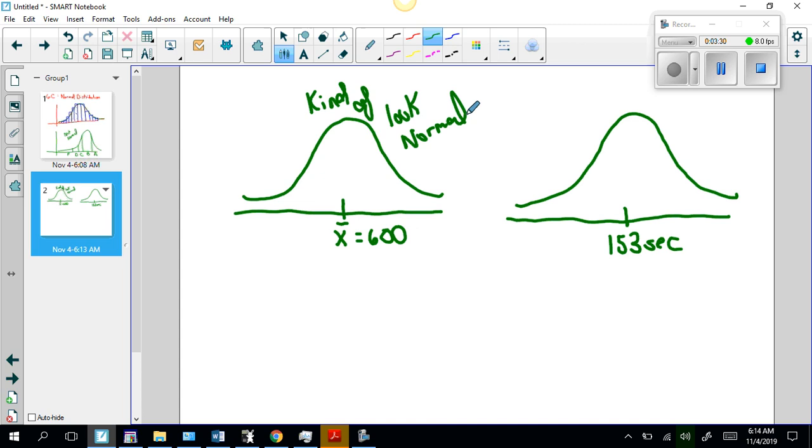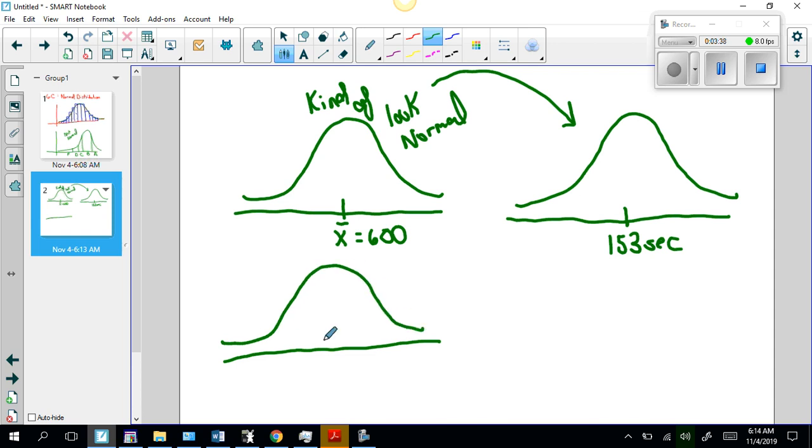And then we have this totally other situation that kind of looks normal, and so on. So x bar equals 42, and hey, they also have a standard deviation.